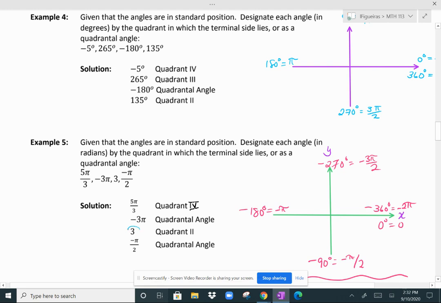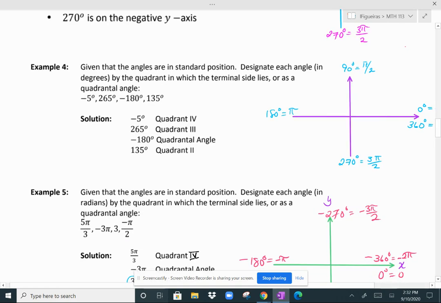Now, this one might be a little harder to understand because we're used to seeing pi with radians. But we need to remember what all of these numbers mean. So pi over 2 and pi, these are the boundaries for quadrant 2.